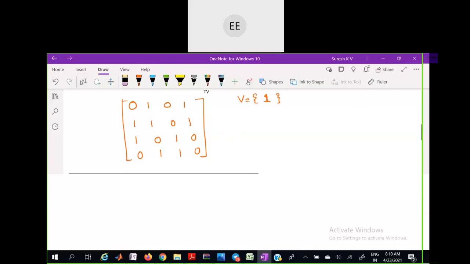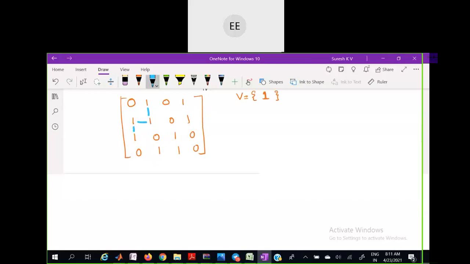So since the set V is equal to 1, you can see that these two, let me show in a different color, these two are 4 adjacent. Definitely they are 4 adjacent because they are 4 neighbors and both of them are ones. These two are 4 adjacent. Again these two are 4 adjacent. These two are 4 adjacent, and these two are 4 adjacent.